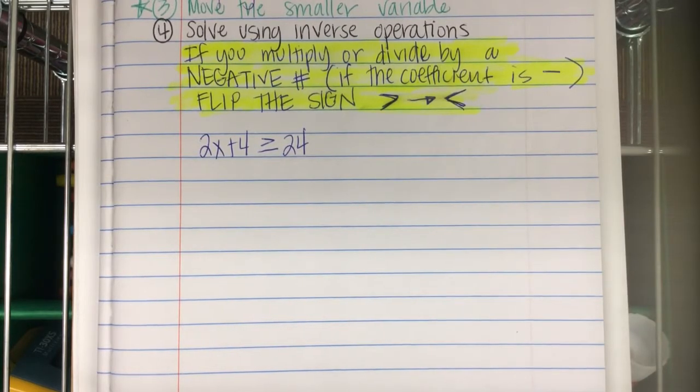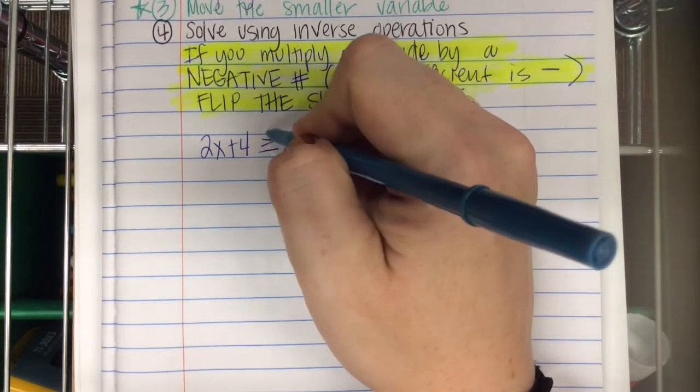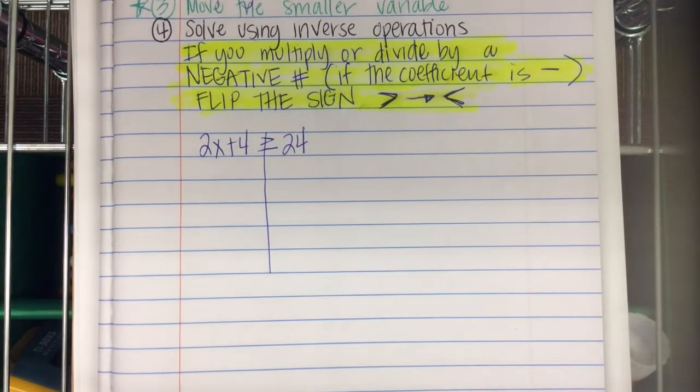What's step number 1? Draw a line down the inequality. We pretend it's an equal sign. It's like an equal sign, except it doesn't mean equals. It means there's a range of answers.